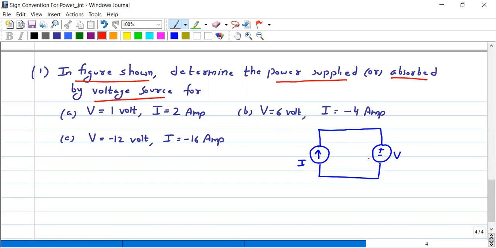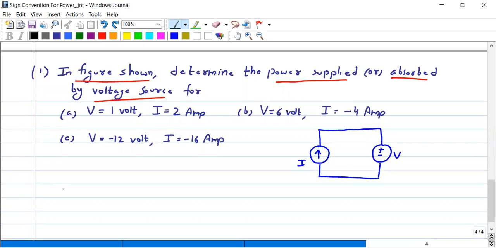Here we have a voltage source. We have to determine whether the power is being delivered by this voltage source or consumed by this voltage source. Under what conditions? First, when the voltage has a value of 1 volt and current is 2 amperes. So let us try to solve this.